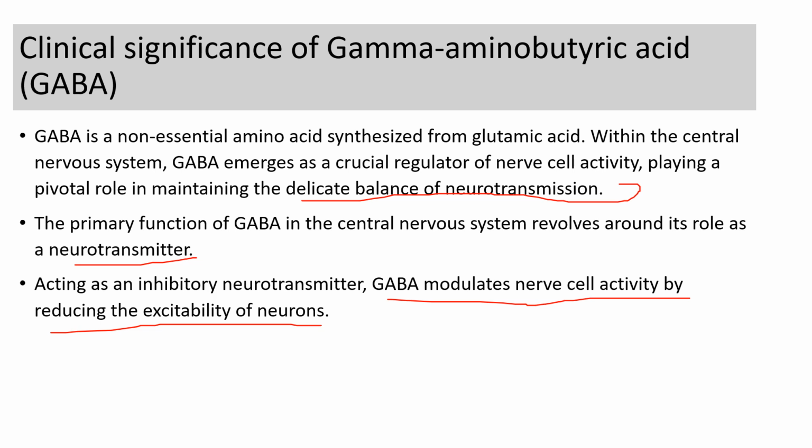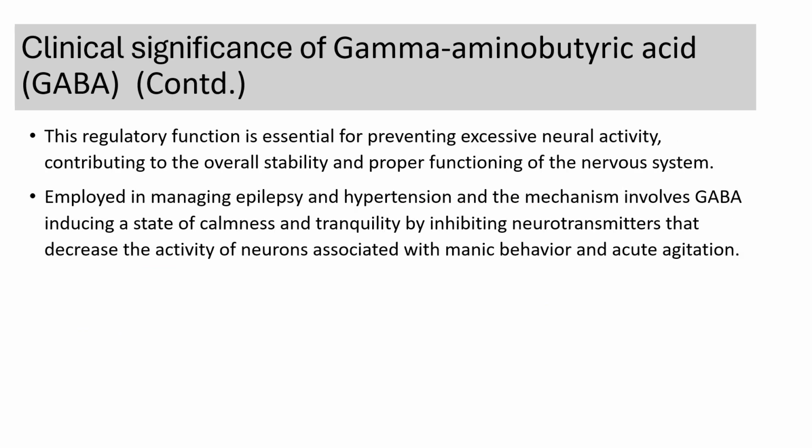So anywhere where you personally find that the patient has excessive neuron activity, you can use GABA as a very important inhibitory non-proteogenic amino acid. This regulatory function is essential in preventing excessive neural activity, for overall stable and proper function of the nervous system.